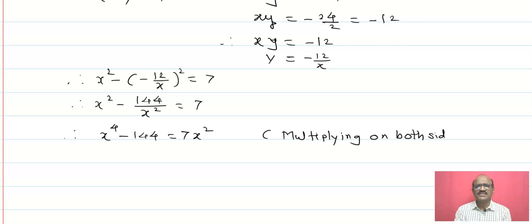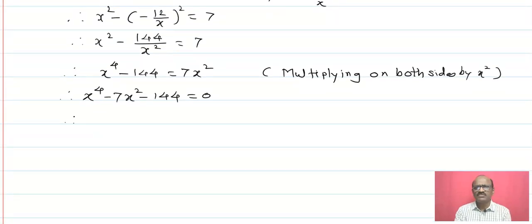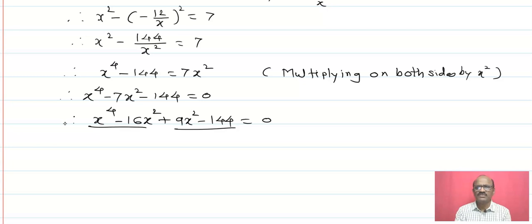Now see this, you are getting a quadratic equation. What is that quadratic equation? x raised to 4 minus 7x square minus 144 is equal to 0. This is the quadratic equation. Now we will factorize: x raised to 4 minus 16x square plus 9x square minus 144 is equal to 0.